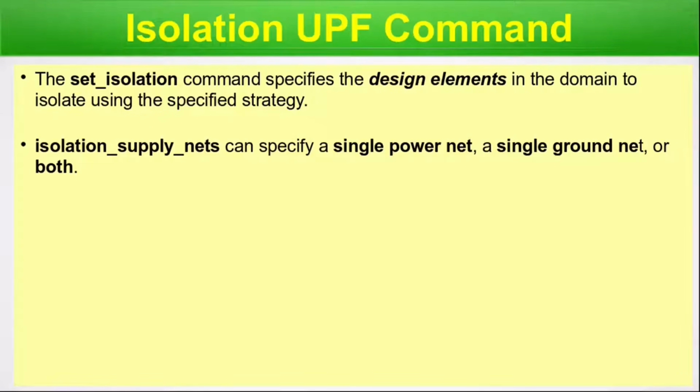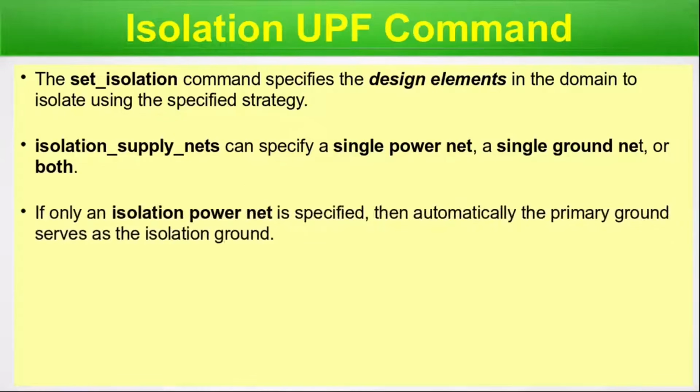So, one particular UPF command can specify either a power net or a ground net as an isolation net. If only an isolation power net is specified, then automatically the primary ground net serves as the isolation ground net.